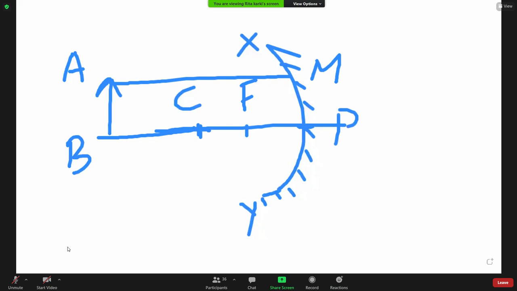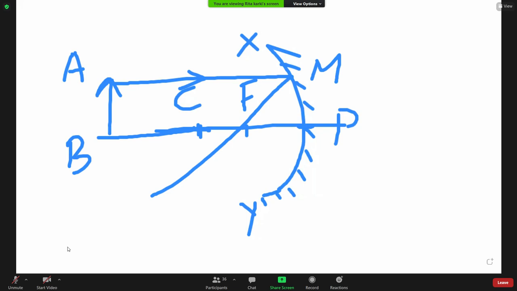So the ray of light shed along AM will strike the concave mirror and reflect back through the principal focus. This will be the ray diagram for the object that is placed beyond the center of curvature.